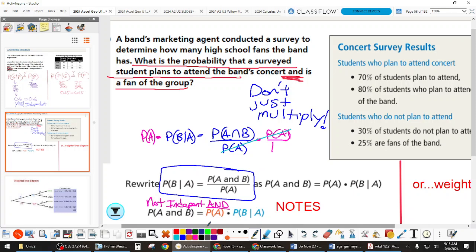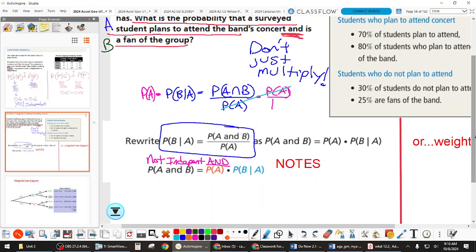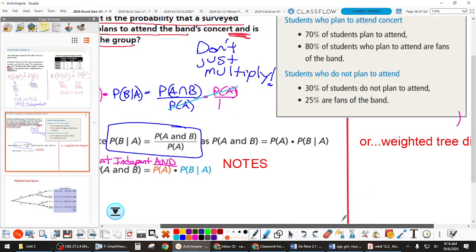Because all we have down here is A's and B's. So we need to decide. A is the plans to attend and B is the fan. Okay, well, that's how I read it. I'll put A for that, and is a fan, let's call that B. Everybody good? Okay. So plans to attend is what percentage?